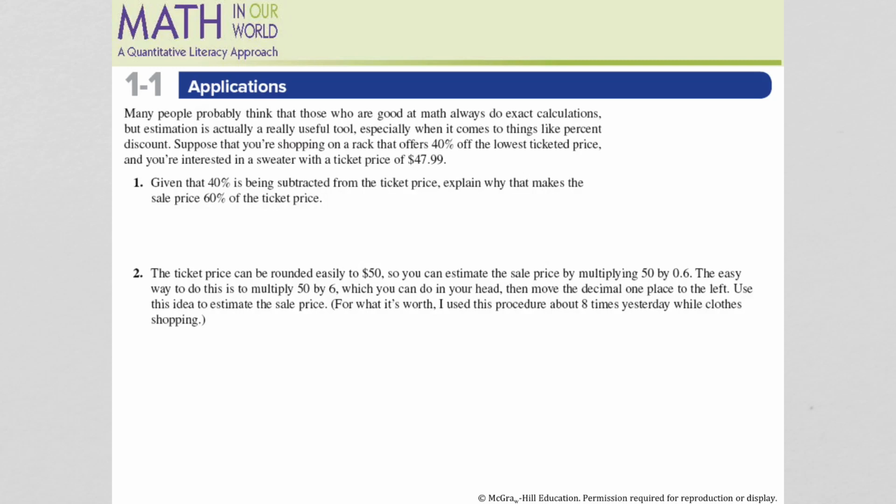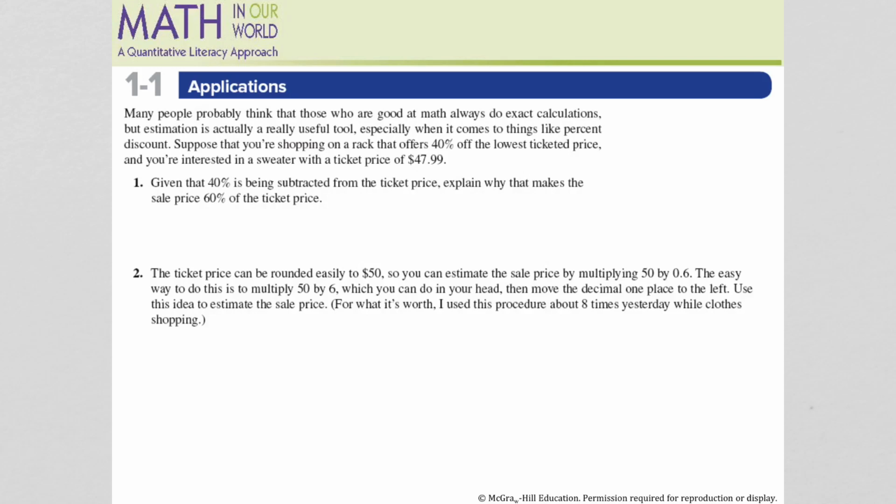Suppose that you're shopping on a rack that offers 40% off the lowest ticket price, and you're interested in a sweater with a ticket price of $47.99. Given that 40% is being subtracted from the ticket price, explain why that makes the sale price 60% of the ticket price.